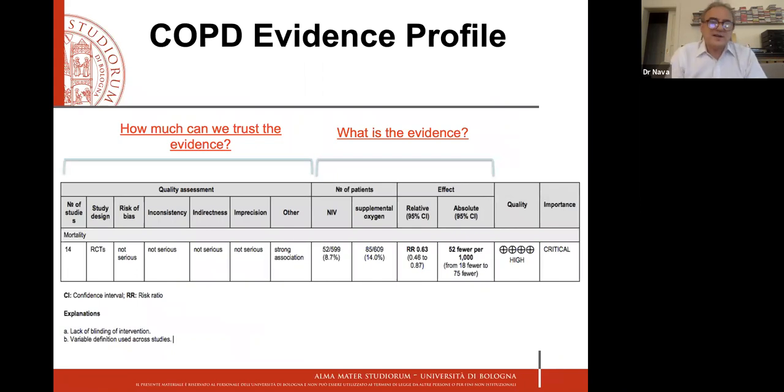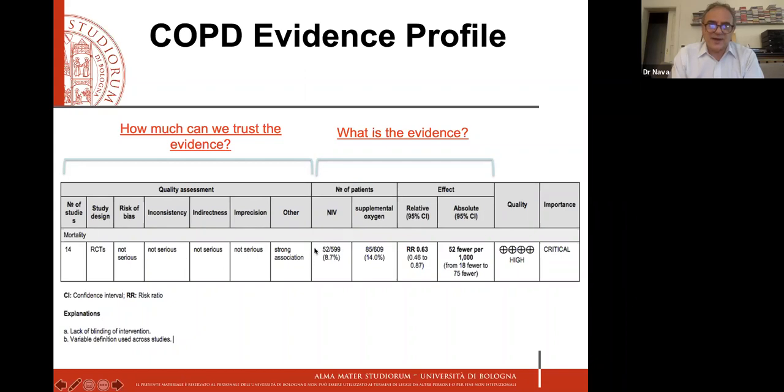How much can we trust the evidence that this plot suggested to us? Well, first of all, you need to consider the number of studies, obviously of randomized controlled trials, and the risk of bias. In this respect, the risk was not serious. Inconsistency, indirectness, imprecision: they were all not serious.